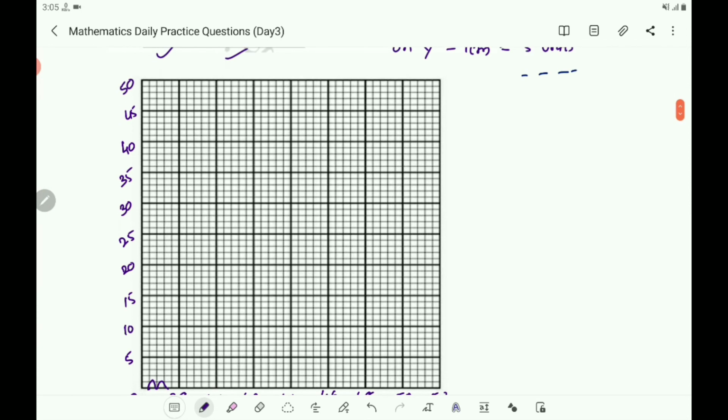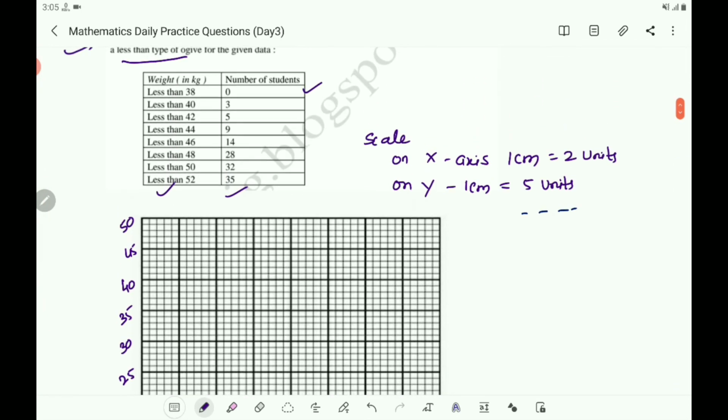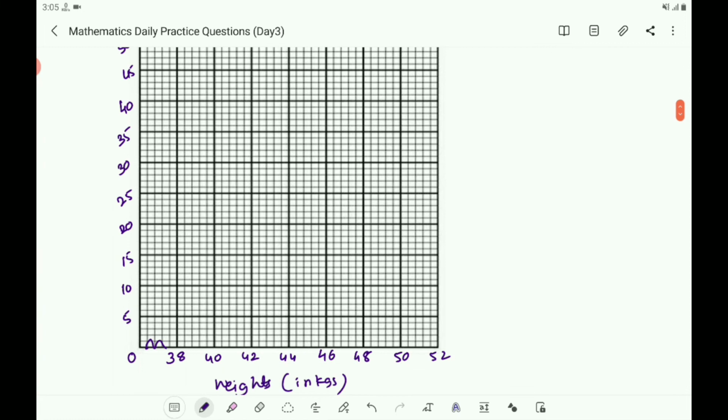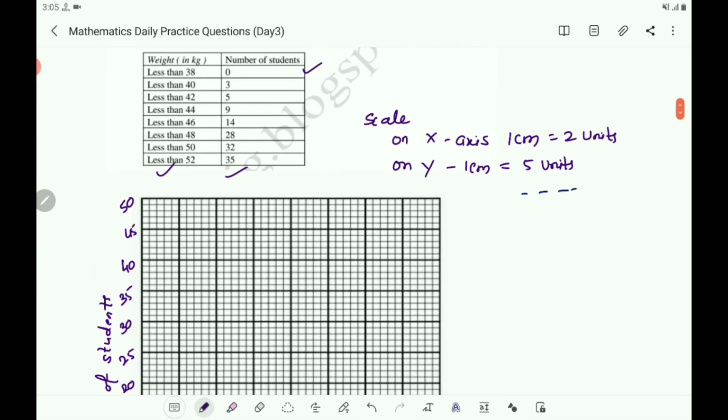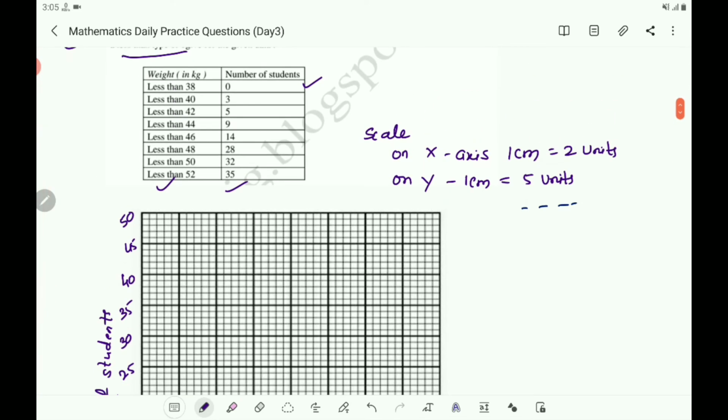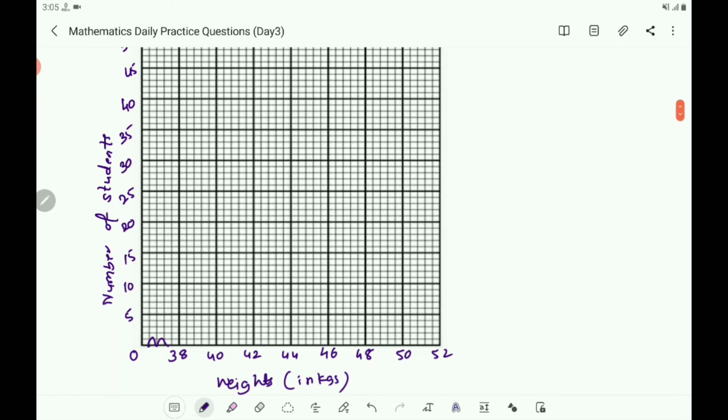And on the y-axis what have we taken? Number of students. So write number of students.